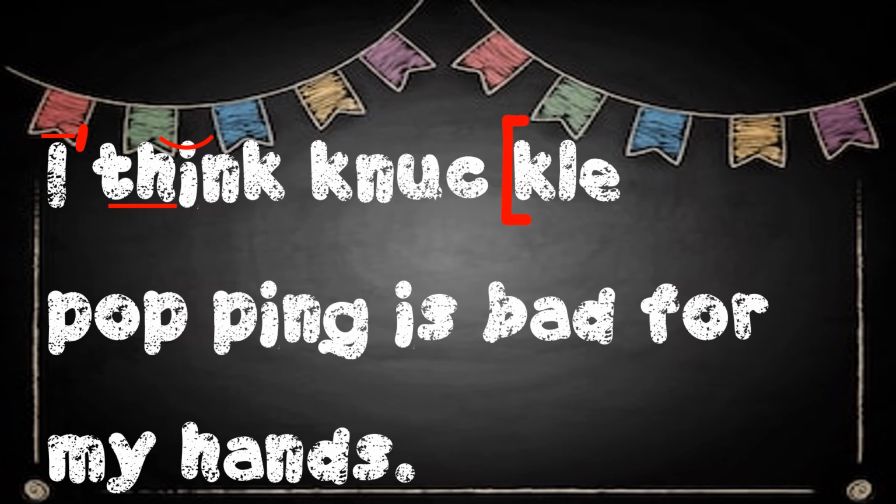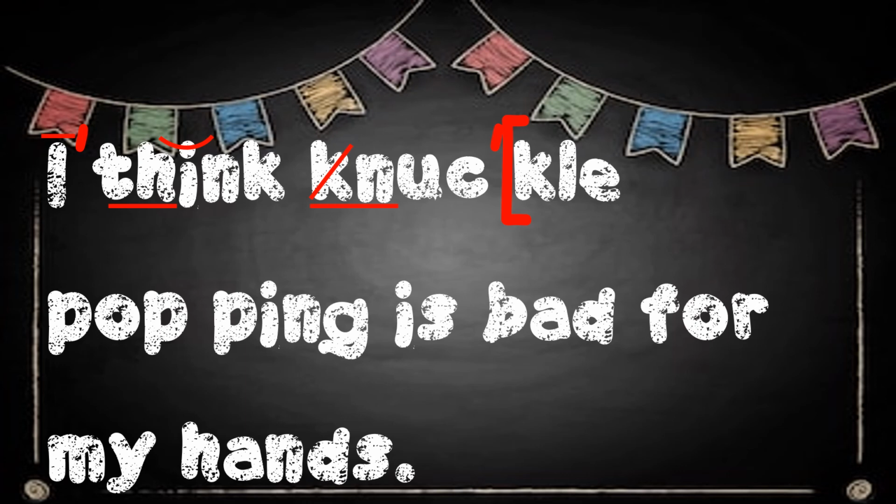Let's look at the word knuckle. It is 2 syllables, so let's break that apart first and work with each syllable. Let's make sure we put an accent mark at the end of the first syllable. And I see in that first syllable, I have a ghost letter digraph KN. Let's underline that and let's cross out our ghost letter.